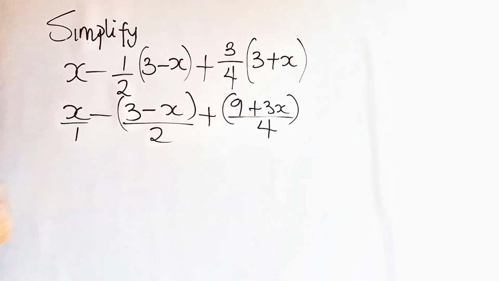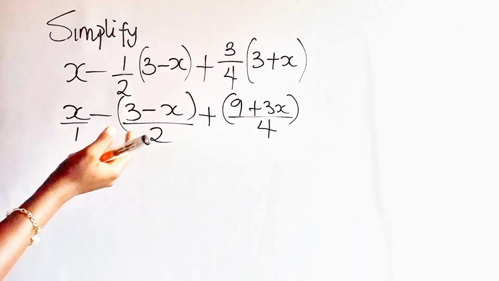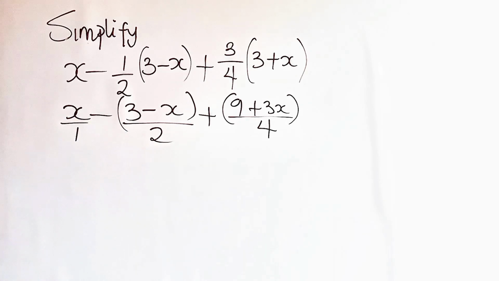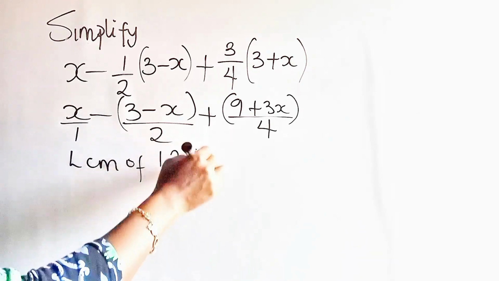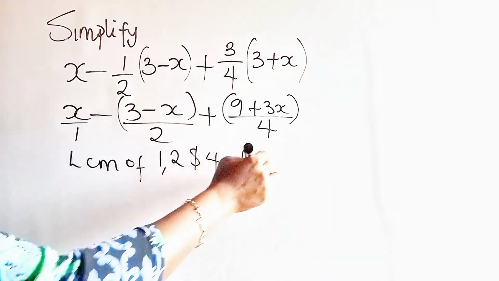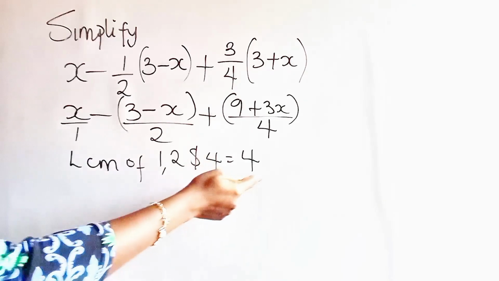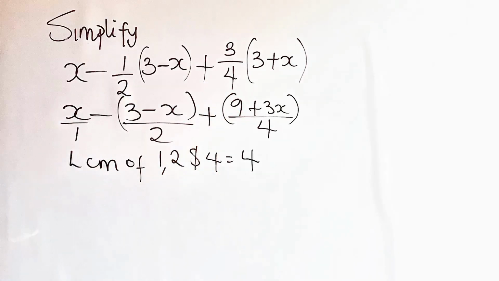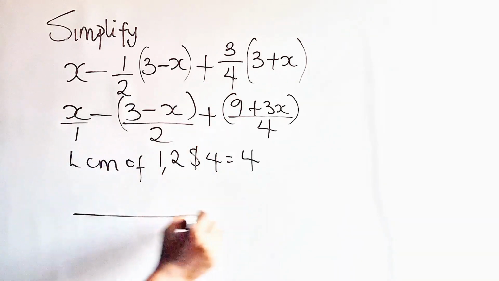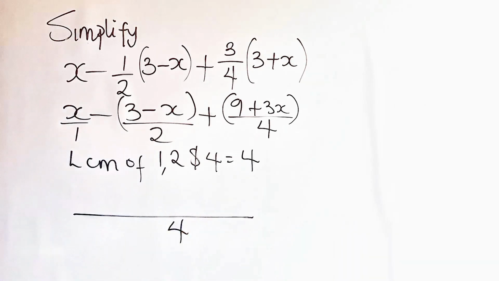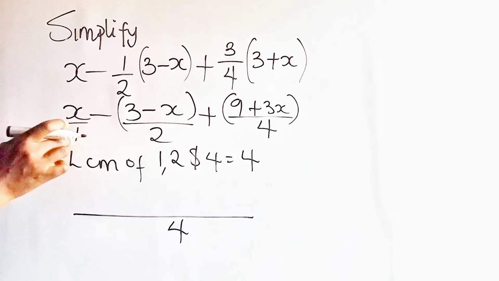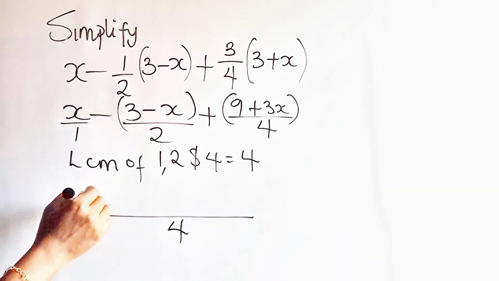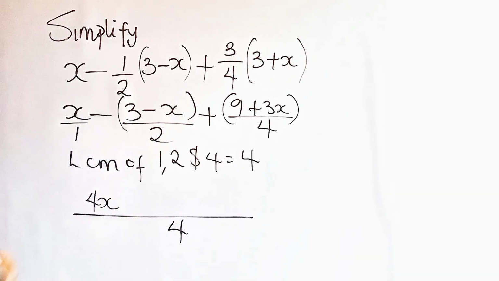What I'm going to do here is to find the LCM of these denominators. The LCM of 1, 2, and 4 is 4. So I'm going to use this common denominator now to simplify this fraction. Now we have a common denominator 4, right? So 4 divided by 1 would give me 4, then 4 times x, I'll have 4x.